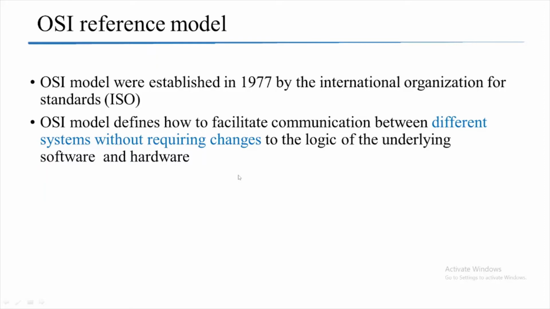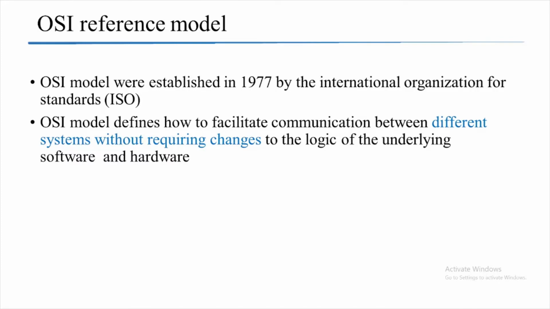You can see that different systems without requiring change, because in computer networks, as you know, there are different network devices with different software and hardware architectures and different functionalities, right? So these different systems can communicate with each other by using the OSI reference model as a reference, without the requirement of changing the logic of any software, hardware, or functionality of the devices involved in that computer network.